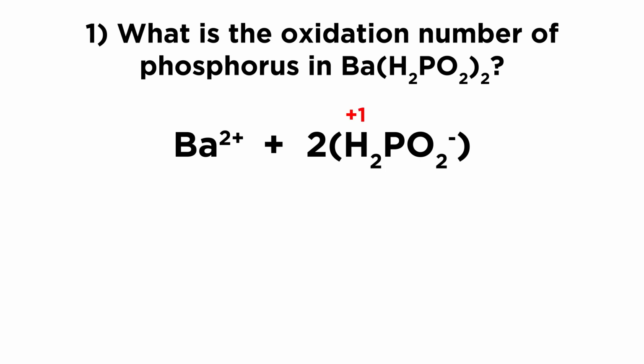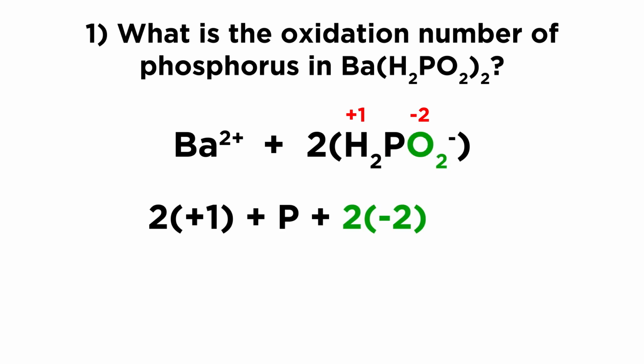Now we know that hydrogen is typically going to be +1, and we know that oxygen is typically going to be -2. And so if we add these things up, we know that 2 times +1, since we have two hydrogens, plus whatever oxidation state phosphorus is going to be in, plus 2 times -2, because we have two oxygen atoms, must equal -1.